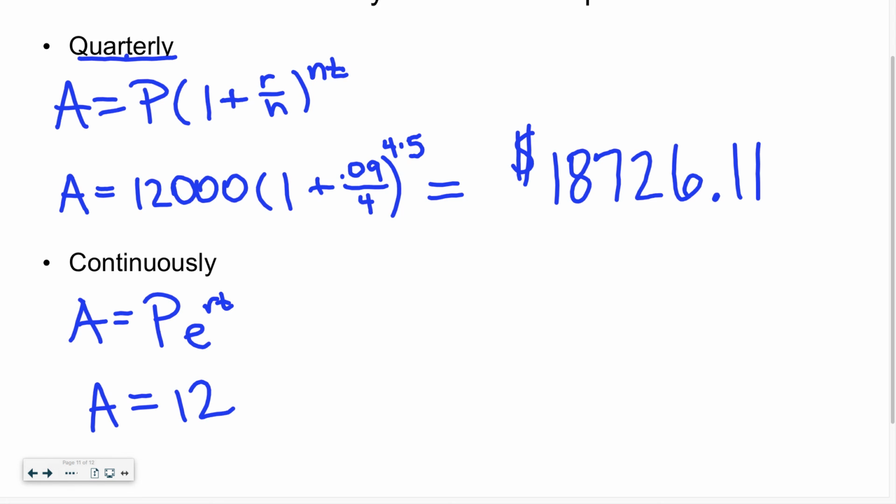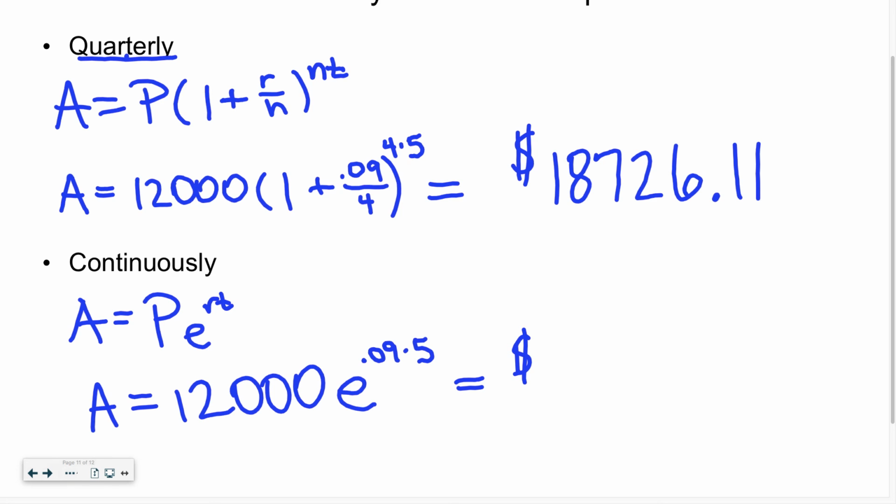So our amount is going to be 12,000 times e to our rate times time. If you are putting money into a savings account, you want your interest to be compounded more often. If you're taking out a loan, you want the least amount of compounding possible, so it's not calculated quite as often.